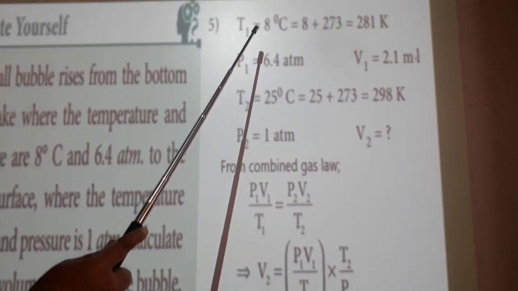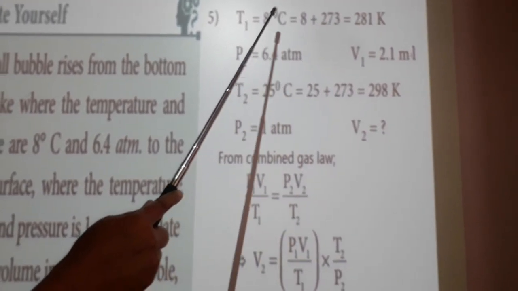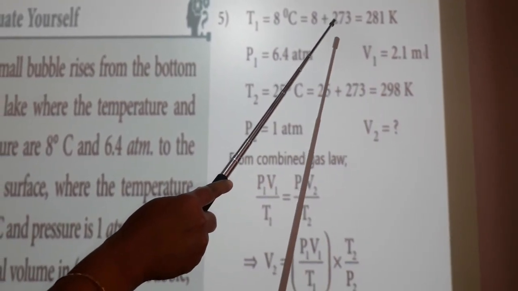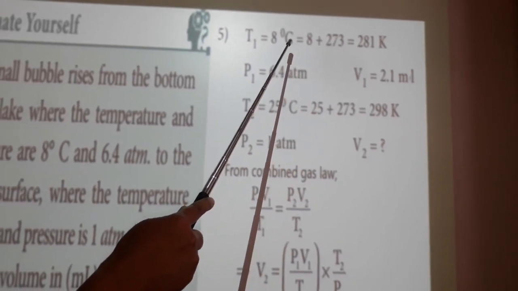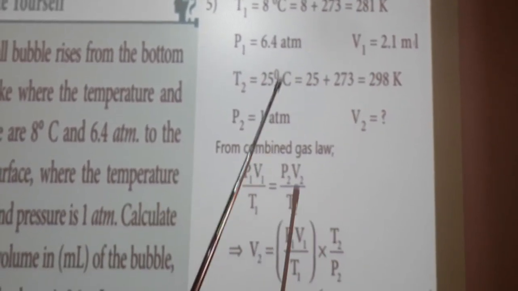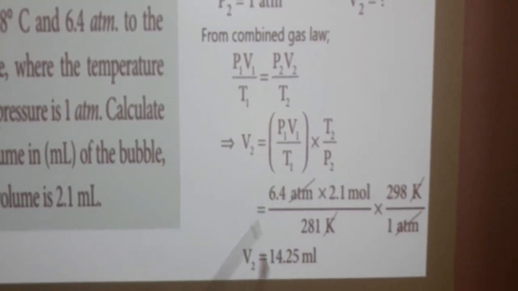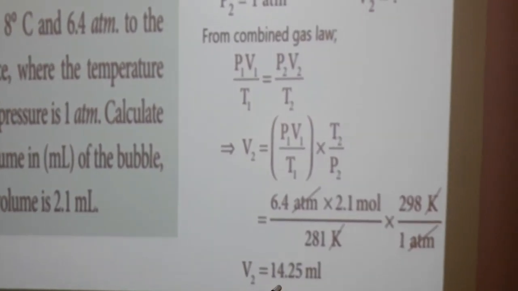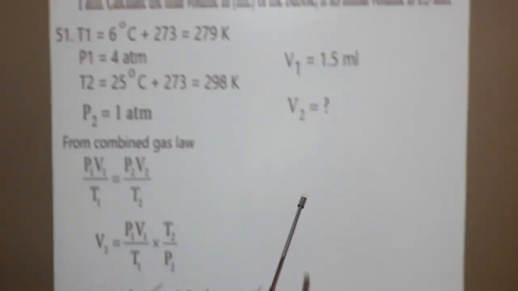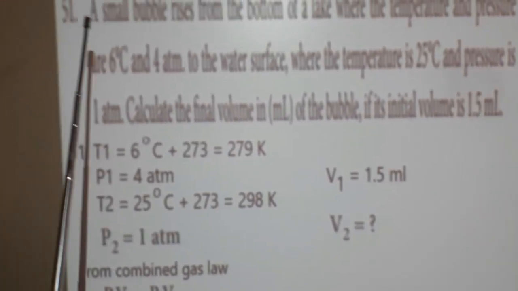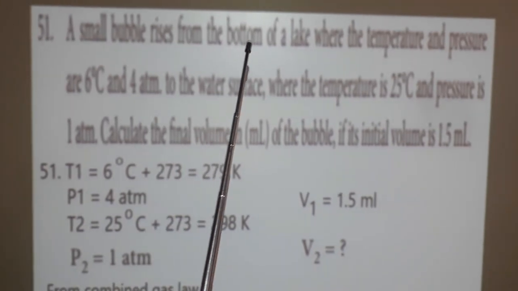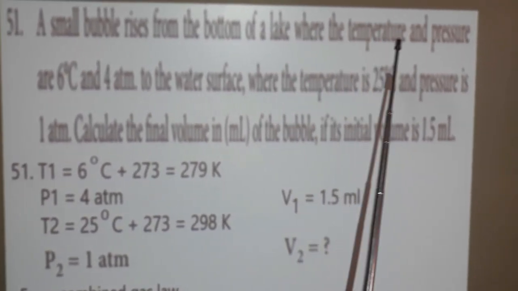Temperature is given in degrees Celsius, so we first change it to Kelvin by adding 273. Then substituting the other values, we get the V2 value 14.25 ml.